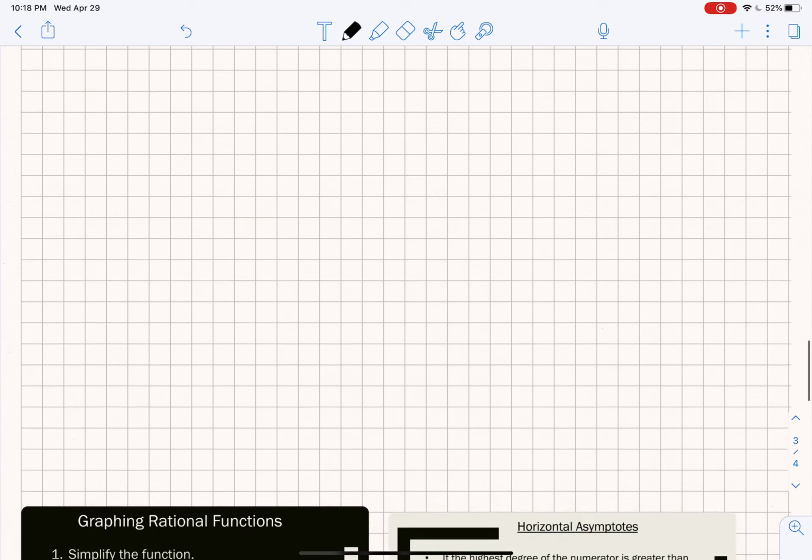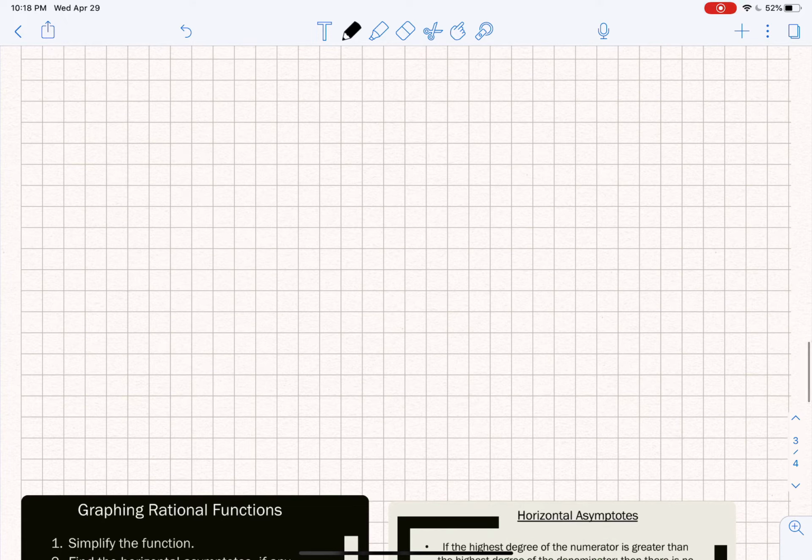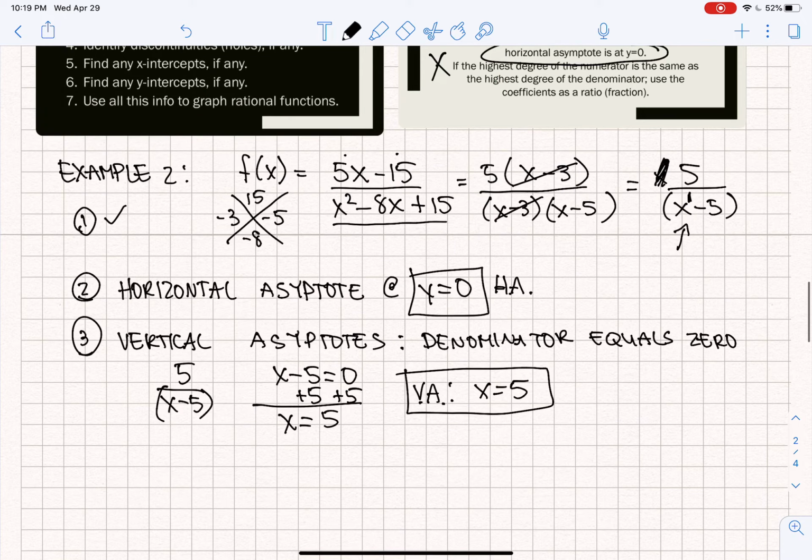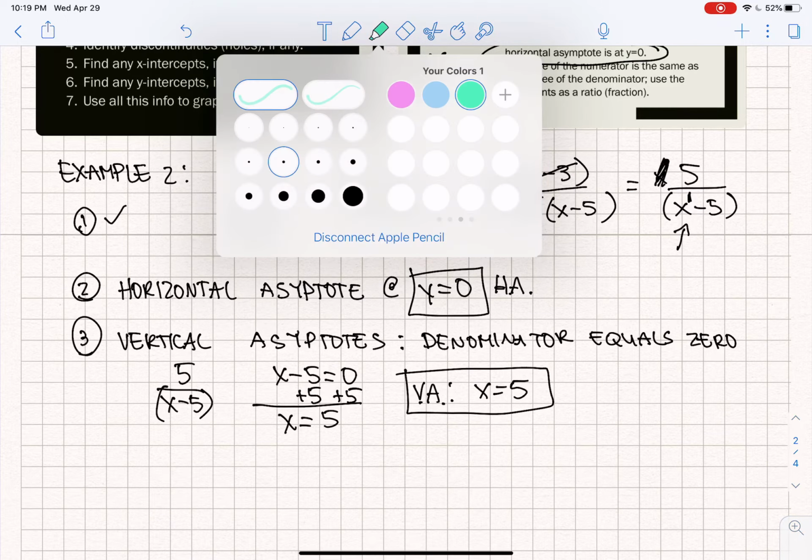So now I'm going to do my graph. I'm putting it down here on the bottom because I'm leaving space. 1, 2, 3, 4, 5, 6 on each axis direction. Where do we have our horizontal asymptote?